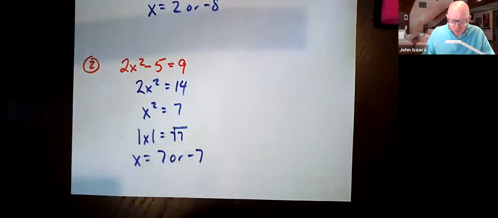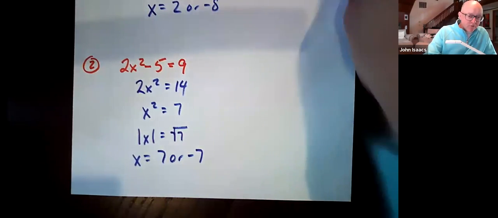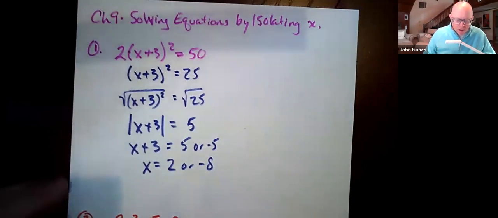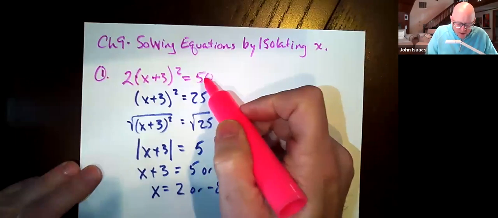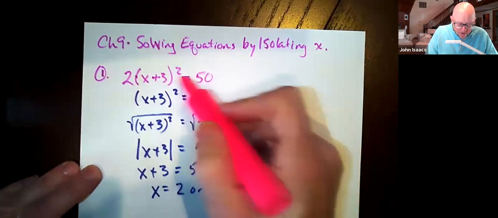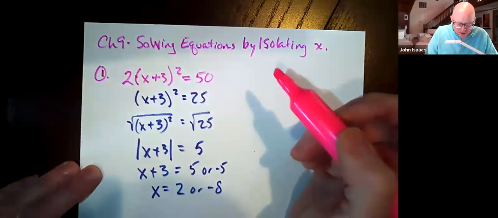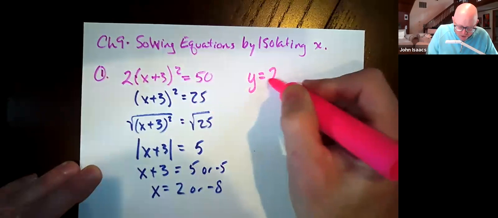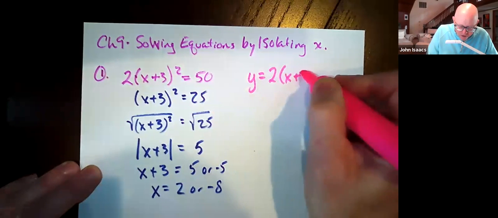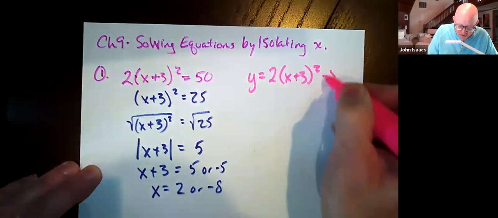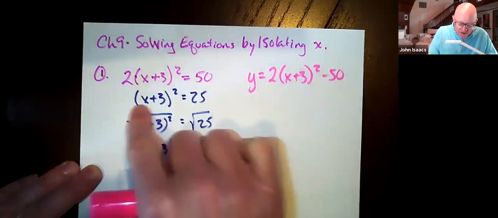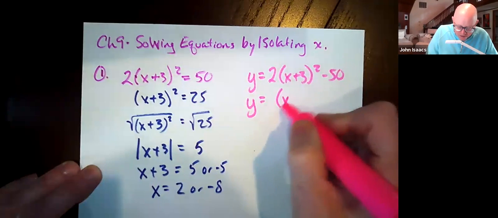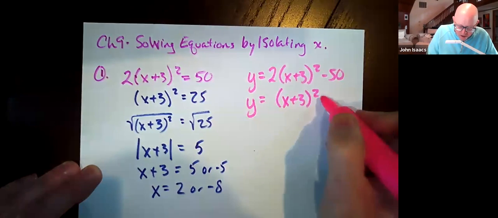Okay, now there's a significance to these in graphing as well. So we're going to be using equations to solve word problems, but I also want you to think about the graph here. If you imagine subtracting 50 to move it to the other side, you could imagine an equation y equals 2 times x plus 3 squared minus 50. If you did the same thing here, you could imagine an equation y equals x plus 3 squared minus 25.